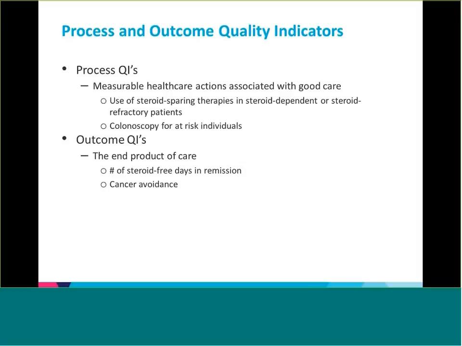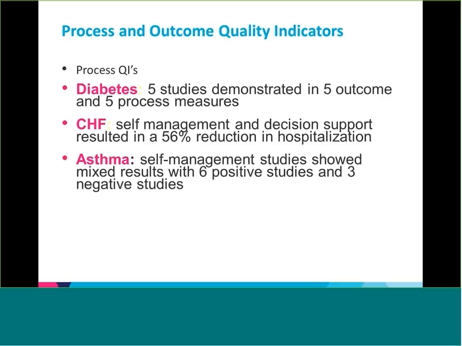One minus that is the bad outcome, so days lost to work, days lost to school, things like that. And cancer avoidance in our colonoscopy example as well. So these are kinds of process measures and outcome measures that we can measure and analyze and work our process improvement projects around.